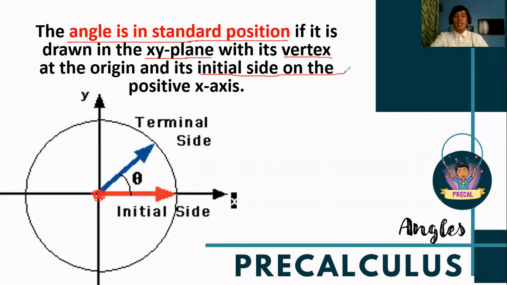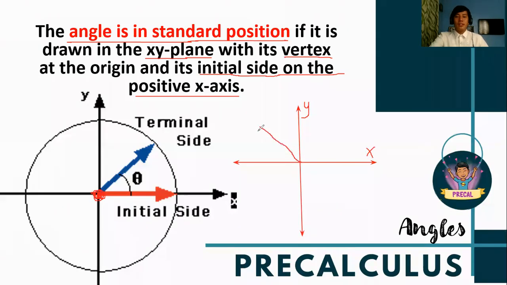And look at this one. The initial side must be on the positive x-axis. So as you observe, if I'm going to draw the x and y plane or the Cartesian plane, this is x and this is y.